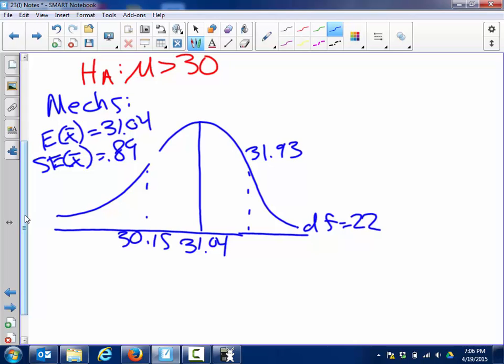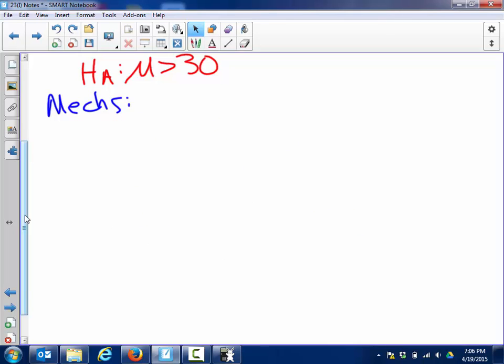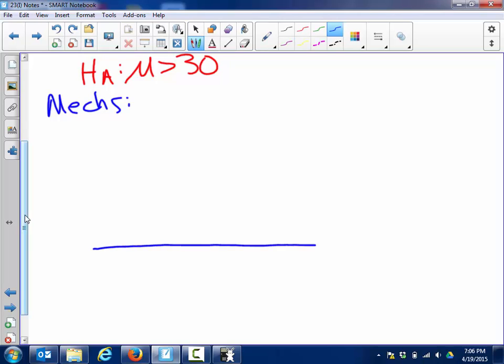Okay, so your mechanics next. Set up similar to last slide. Degrees of freedom we'll set over here 22 because this is a t distribution. The expected value, the sample mean we said from last slide was 31.04.